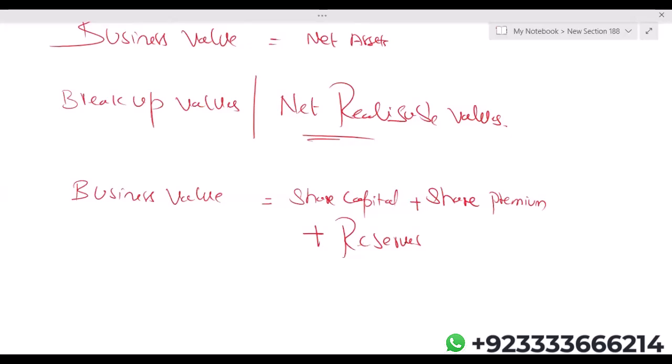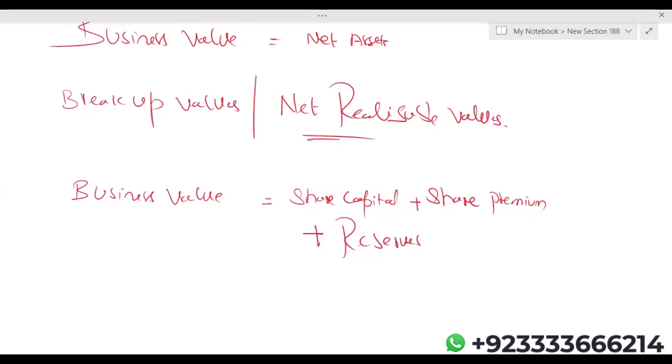Now listen carefully. Even if your examiner gives you irredeemable preference shares while valuing the business, we will treat them like a liability. Why?